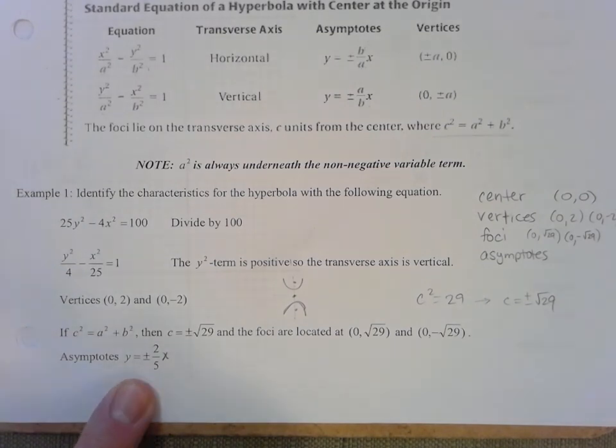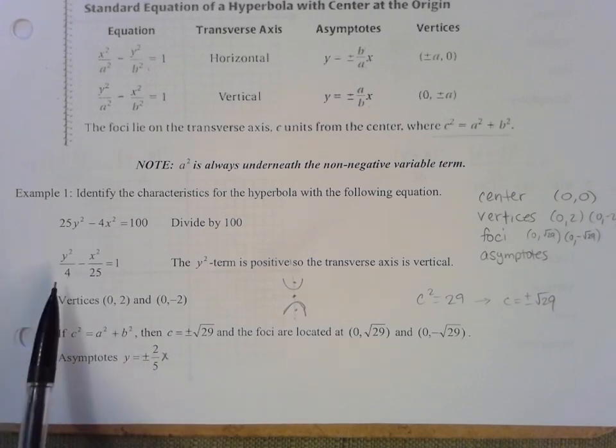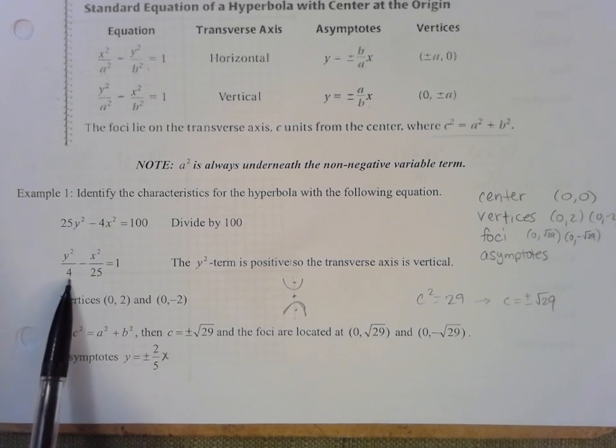Finally, I don't know if you noticed this, but there is a typo here. Somebody forgot to type an x here. The two equations for the asymptotes of this graph, if we were to graph them, are y equals positive or negative 2/5 x. How do we get this slope, or these two slopes? Remember, slope is always the change in y divided by the change in x. The change in y is the square root of 4.